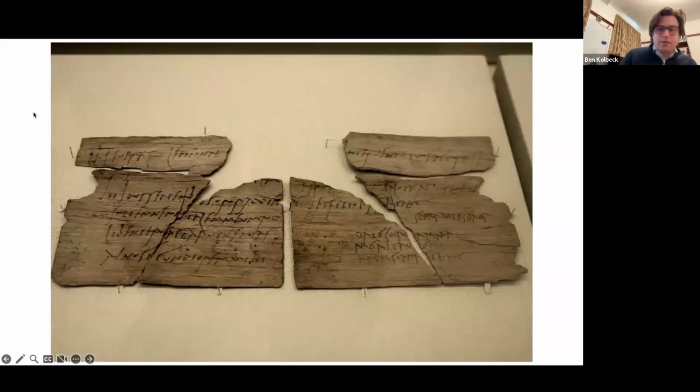This is a close up of what the tablet actually looks like. And you can see it's a very, very thin piece of material, so you can't really reuse it. And you can very clearly make out the writing in ink on it, preserved very well.